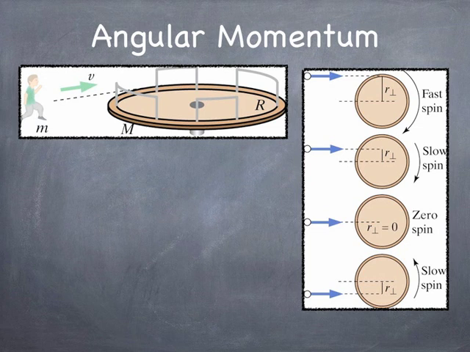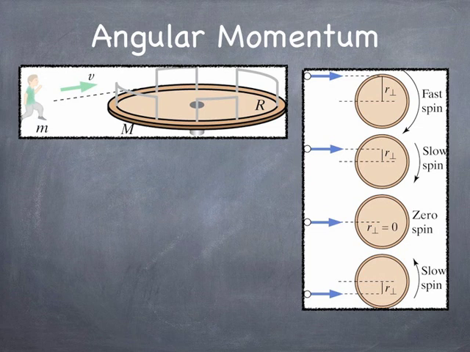But if he jumps on a little bit closer to the center, I should say if the perpendicular distance between his line of motion, his trajectory, and the center of the merry-go-round is smaller, then when he hops on, it turns out the thing spins with a smaller angular velocity.